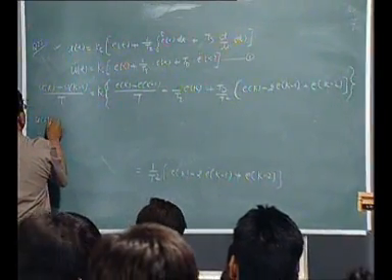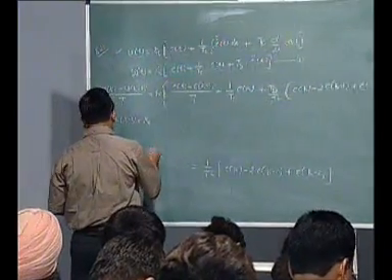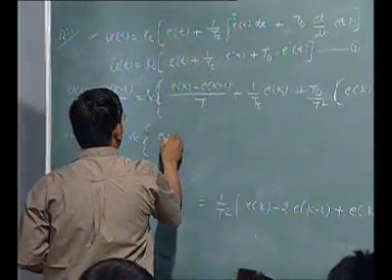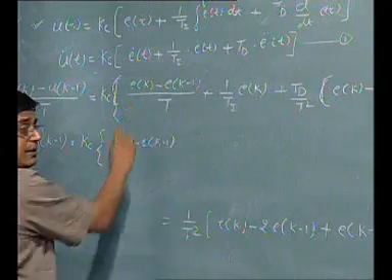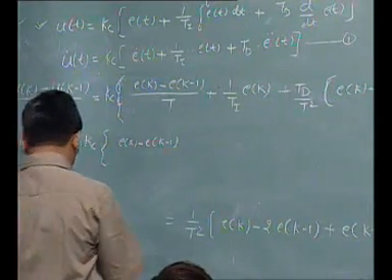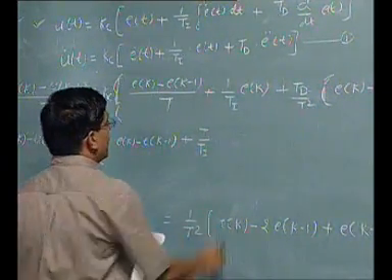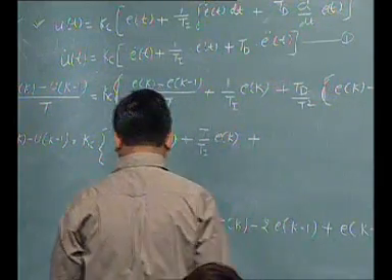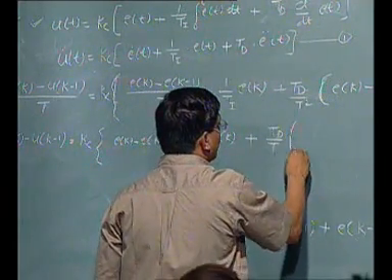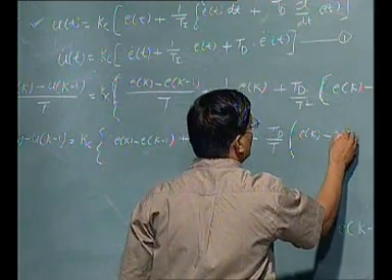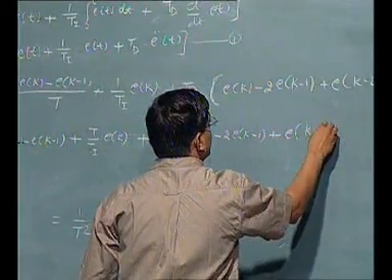Now it can be written as uk minus uk minus 1 equals Kc times [ek minus ek minus 1, since we have multiplied by T, plus T upon Ti ek plus Td upon T (ek minus 2 ek minus 1 plus ek minus 2)].